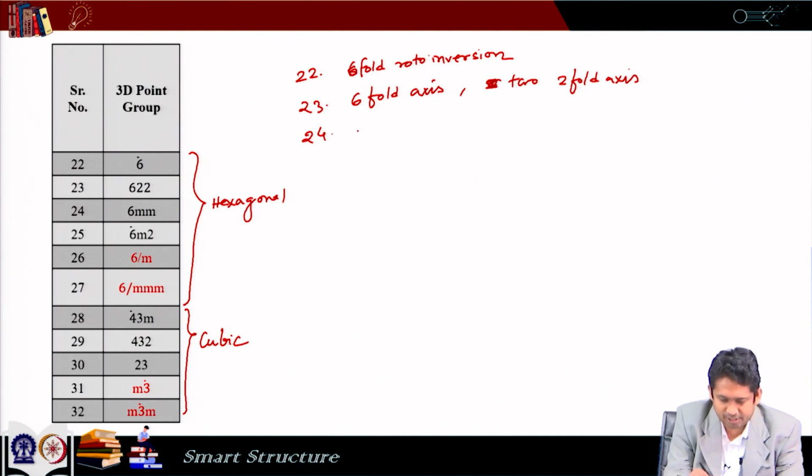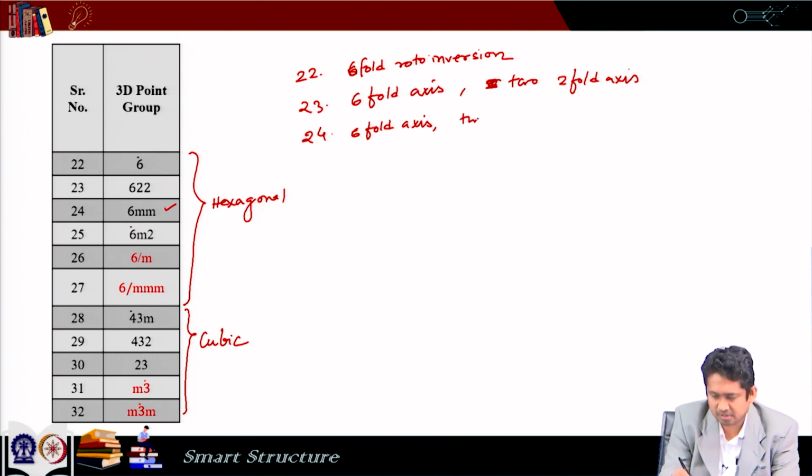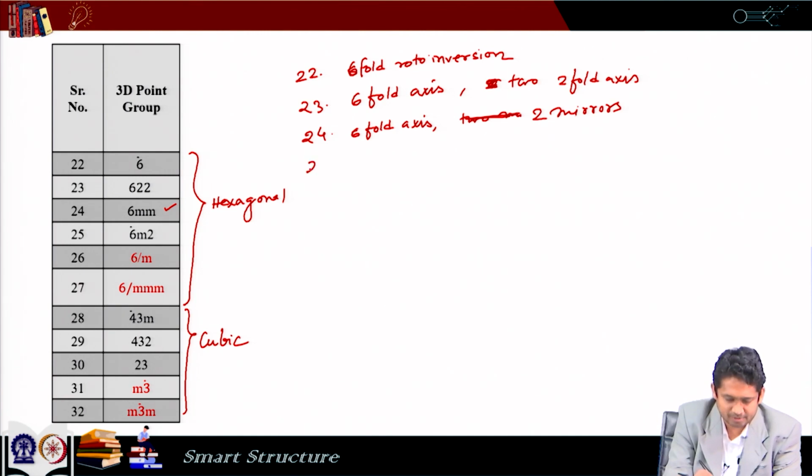And then we have 6-fold axis. Here we have 6-fold axis and 2 mirrors, and they are parallel.